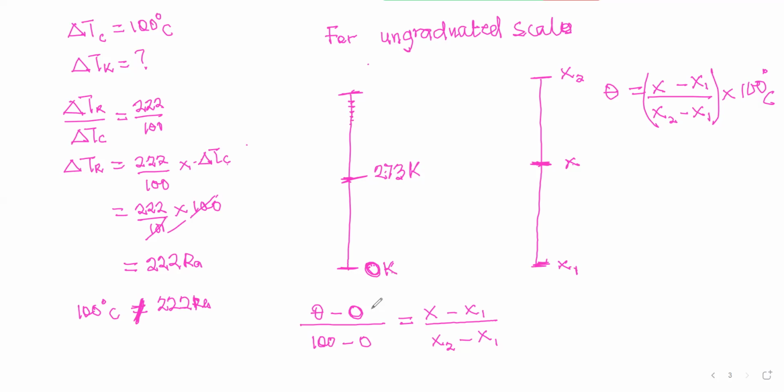So if it has to do with the modern Kelvin scale, you wouldn't find the 373, but rather they compare with the lower fixed point, which is the triple point.